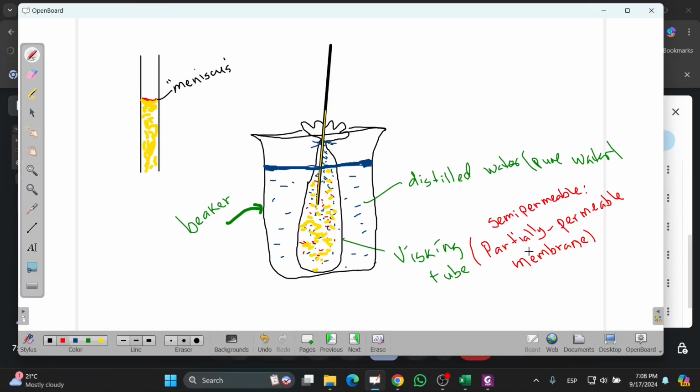Semi-permeable means partially permeable, which means it's not totally permeable, which in turn means that this material will allow only very tiny molecules to move through and not big molecules like sugar. So in this particular experiment, the only molecules that will be allowed to move through this Visking tube, since it is a partially permeable membrane, will be water molecules, not sugar molecules.